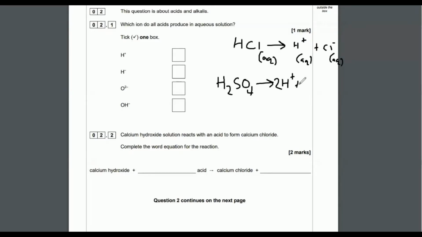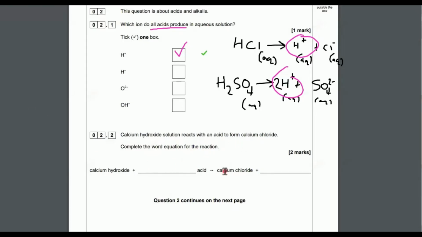It would also be aqueous. It also dissociates into hydrogen ions and sulfate ions. So what's the common theme with acids? What do all acids release? It's the H+ ion, the hydrogen ion. So you should notice all acids, you've got nitric acid, which has the formula HNO3, and that will break down into nitrate ions and hydrogen ions, but all acids release hydrogen ions, H+.